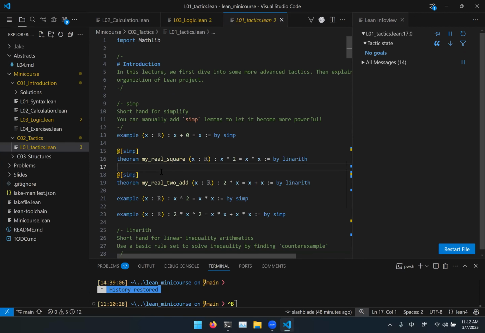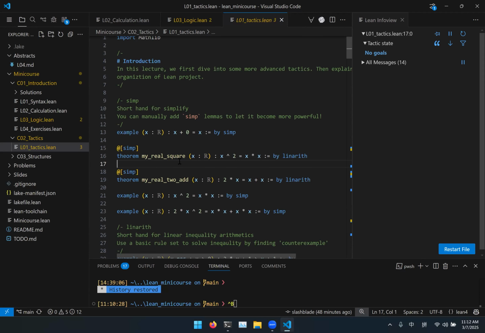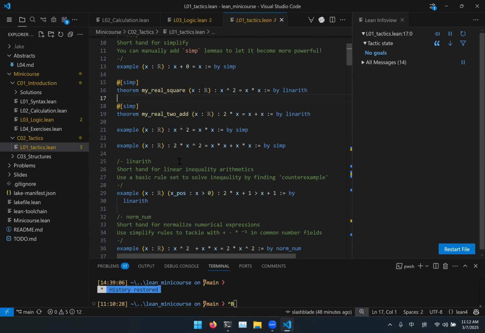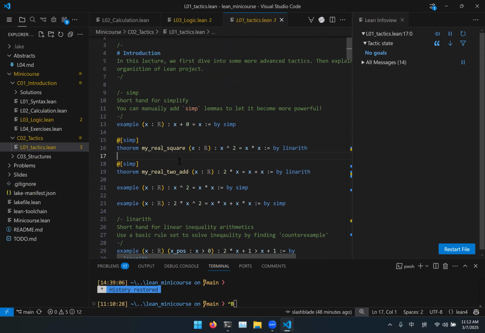First, I am going to introduce some more tactics to use when you do proofs. I will create a new file for convenience.